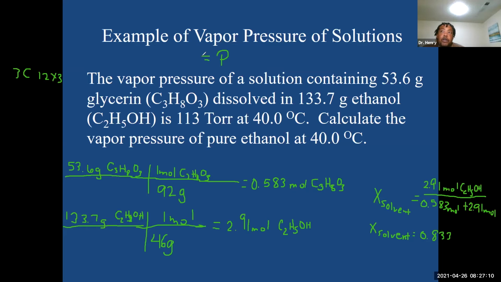I put solution down in the last notes. It's the solvent, isn't it? So it's the mole fraction of the solvent, because that's what we used. That's right. That makes sense. The mole fraction times the pressure of the solvent gives me my P of solution.